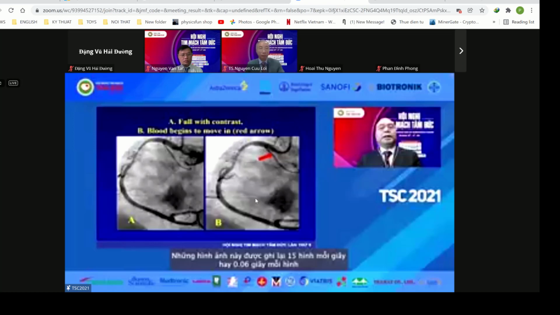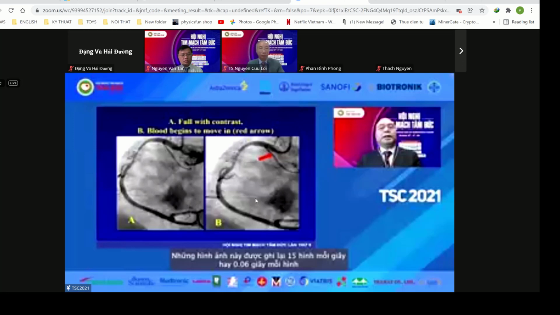So what can we apply from what we just learned in interventional cardiology? There are two things here. Number one, the angle between the axis of the main artery, in this case the left main, and either the LAD or the circumflex.